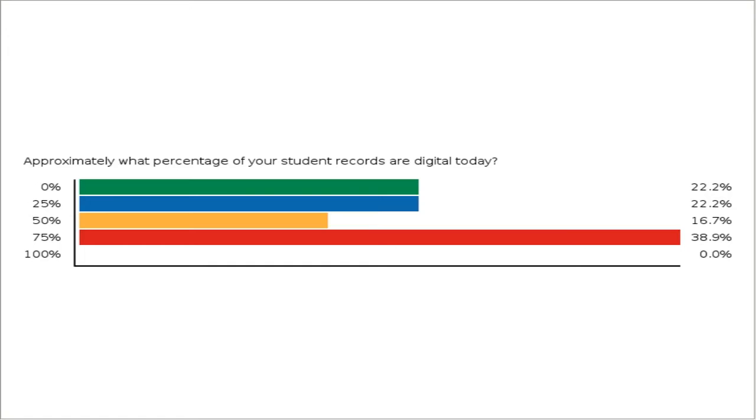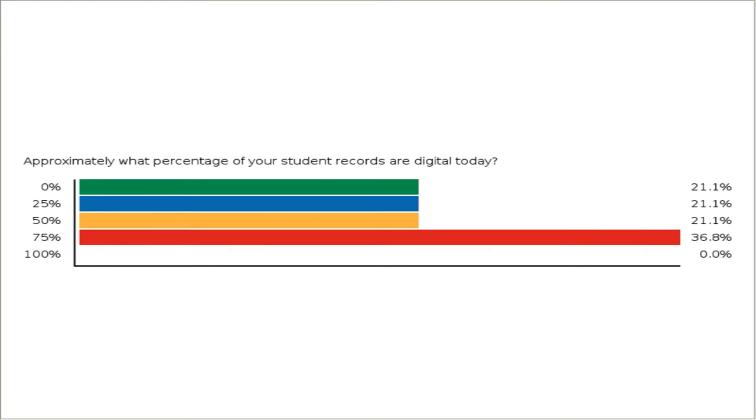Great, it looks like we have responses from most people, so I'll just skip to the results. The majority, 37% of people, selected 75%, and we've got an even number of people selecting each of 50, 25, and 0%, with no one 100% digital today. Back to you, Franz. Thanks, Matt.